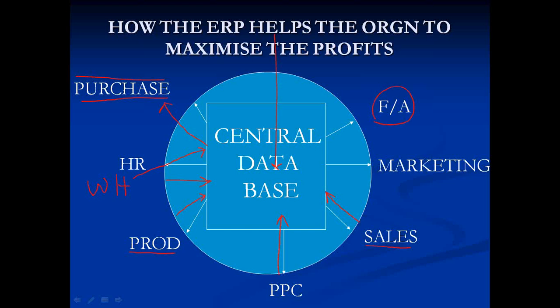As a result, by just logging into the common database, the general manager finance can find out the total amount of purchases made as of today. So he is provided with the right information at the right time. He can take optimum decisions and the profits of the enterprise may be optimized. That is how the concept of ERP helps business enterprises to maximize the profits.